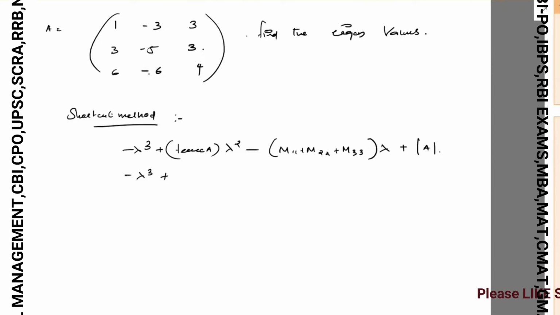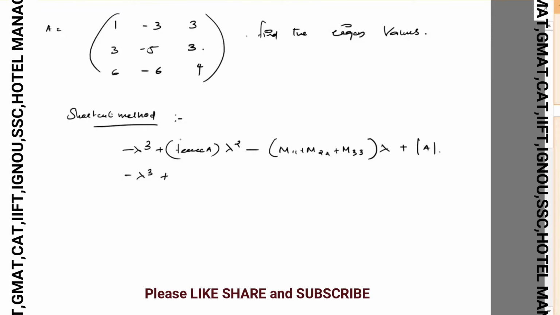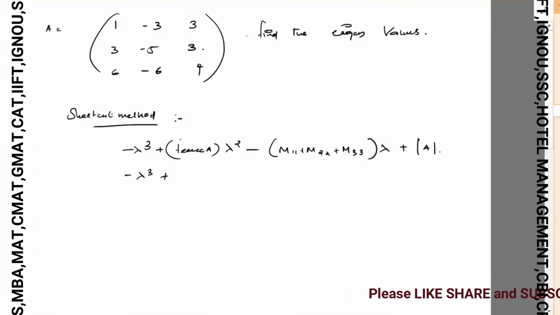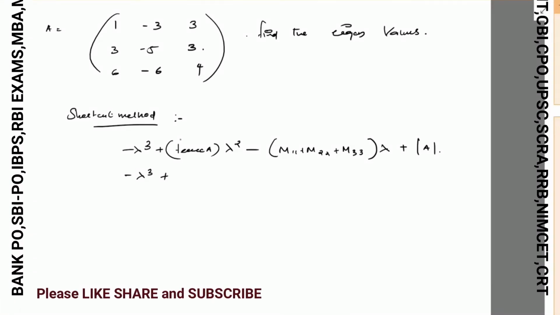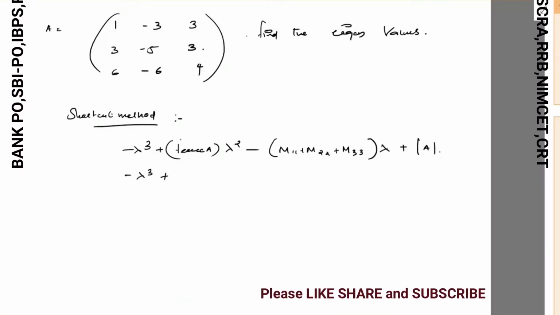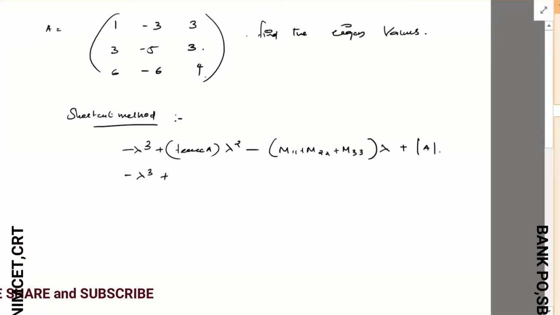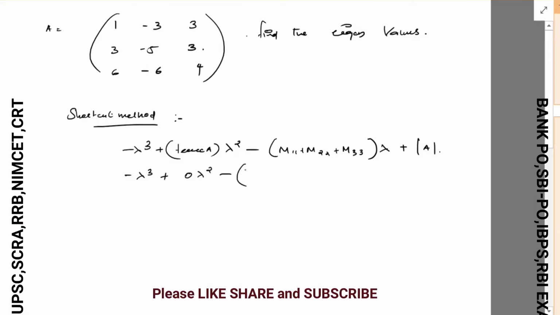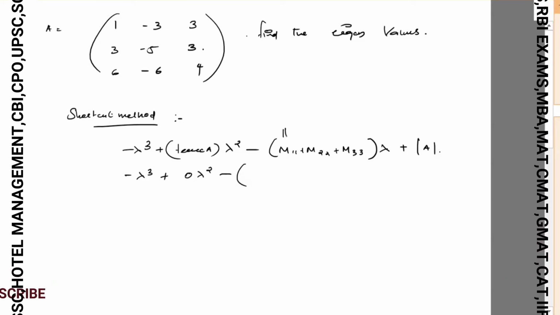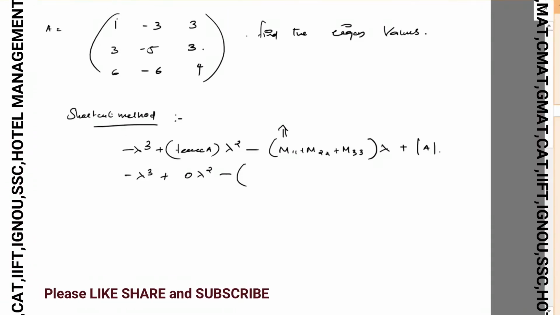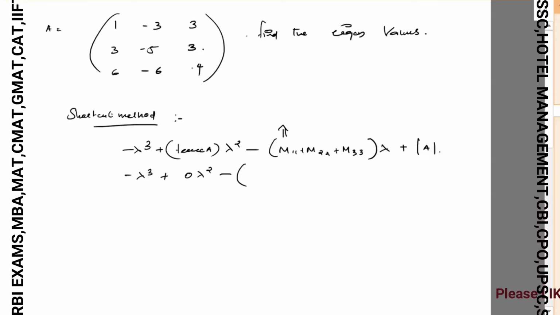The trace is the sum of the diagonal entries. So what do we get as the trace of this matrix? Zero. That is 1 plus minus 5 plus 4, which is equal to 0. So 0 lambda square minus of (m11 plus m22 plus m33). m11 will be: delete the first row and first column and take the determinant of the remaining elements.